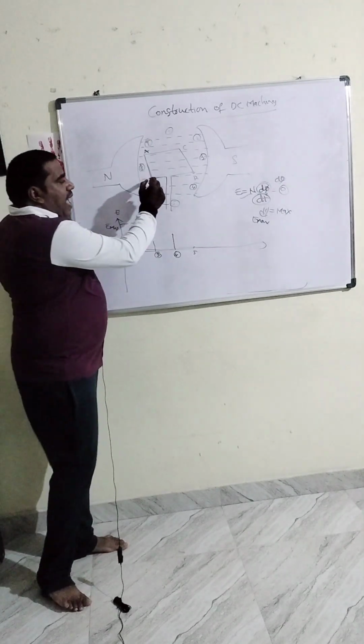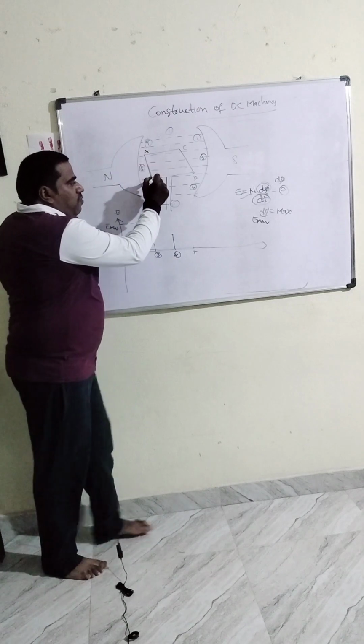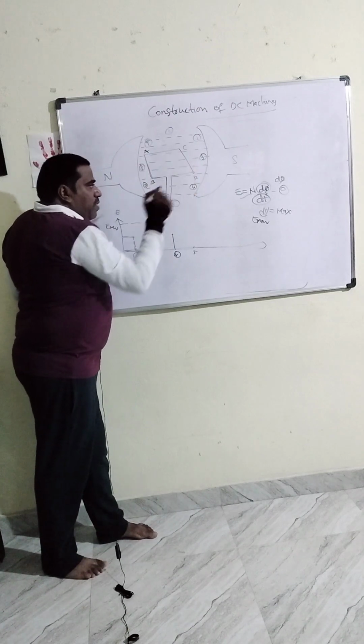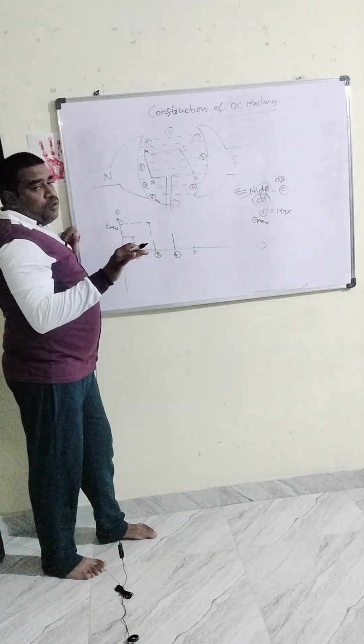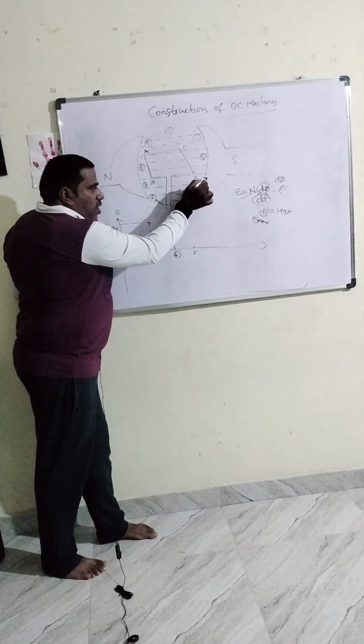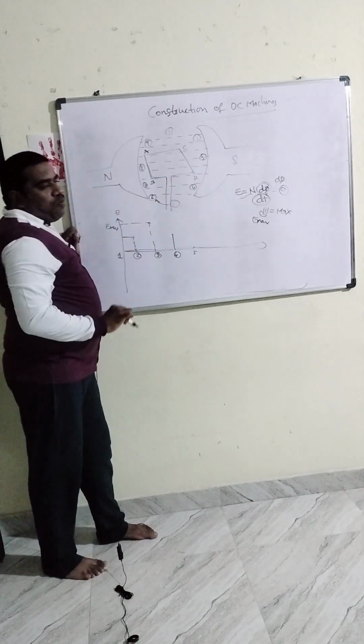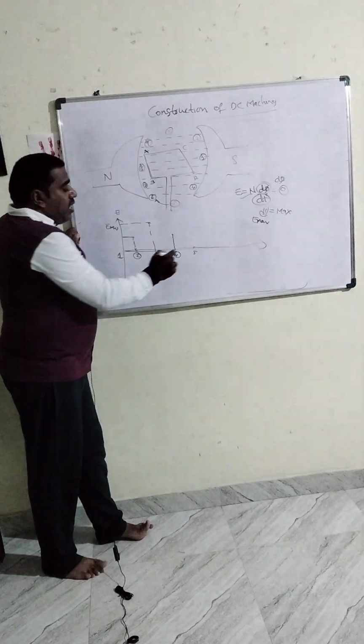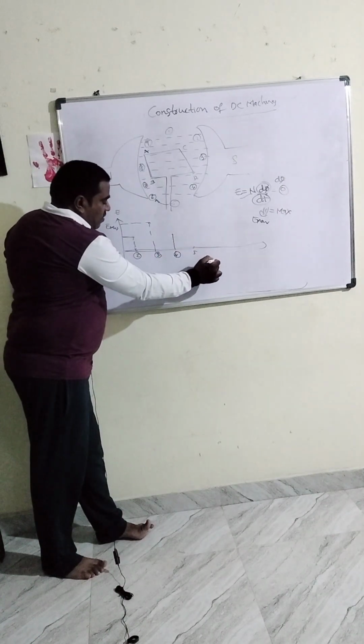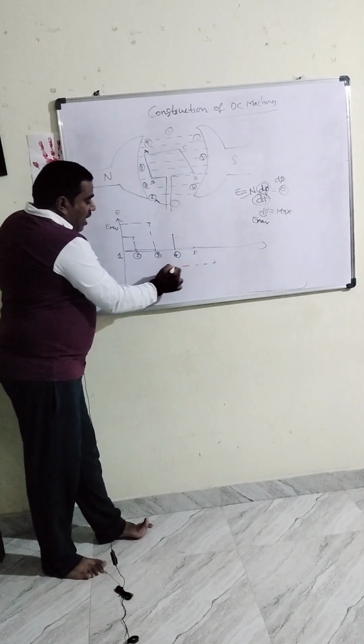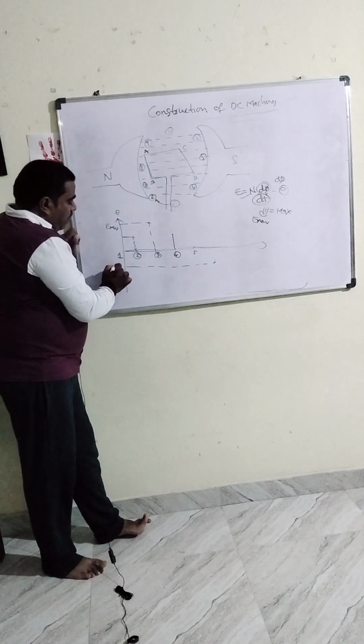Whatever EMF is induced by AB and CD will both be added, but both will be opposite because AB entered the south pole and CD entered the north pole. So the EMF induced in this case is again small, and that value will be negative, minus E minimum. Okay, so this is plus E minimum.